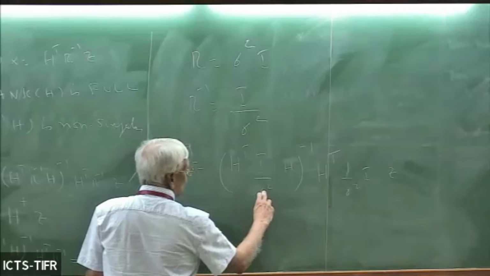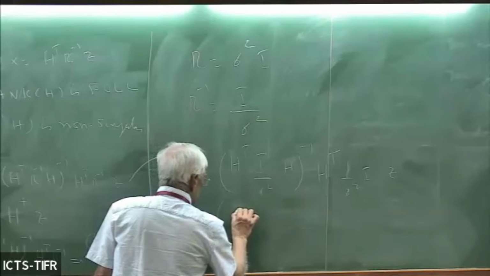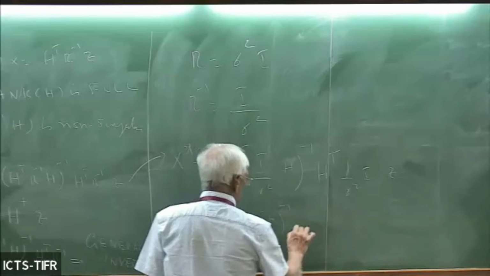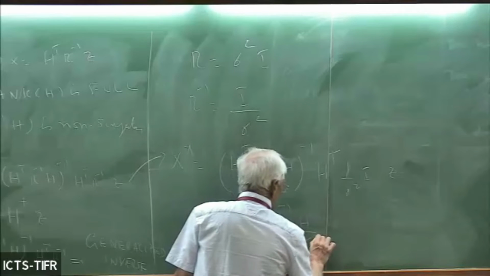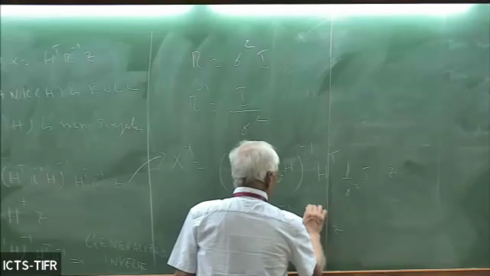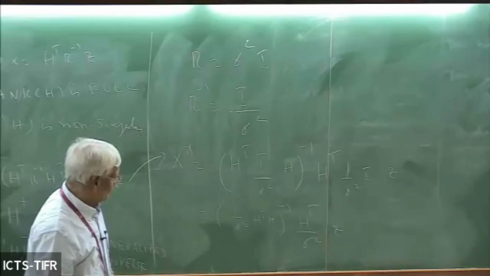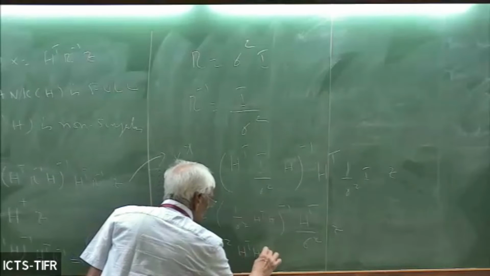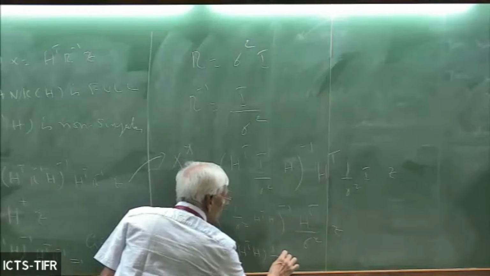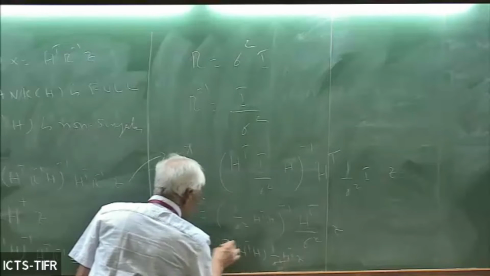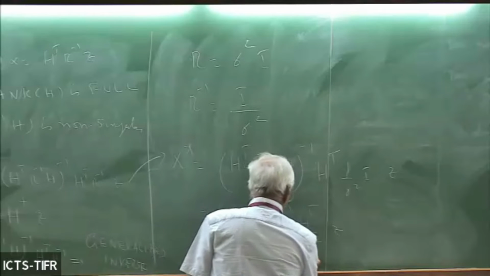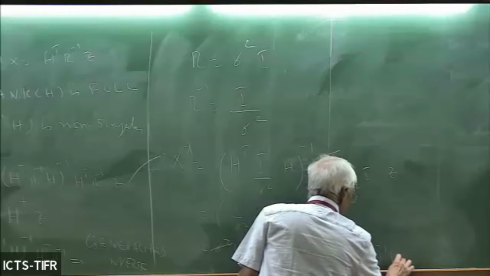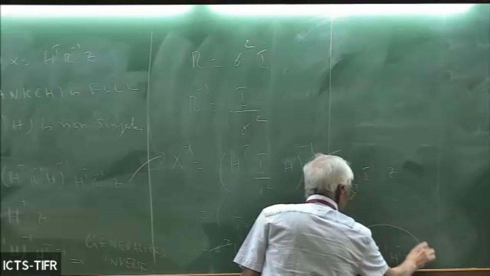That's the inverse. So this is equal to 1 over sigma square H transpose H inverse, H times sigma square, H transpose times sigma square Z. But this inverse, when I'm applying to this, is sigma square H transpose H, 1 over sigma square H transpose Z. These two get cancelled. These two get cancelled. So I get the old formula back, H transpose H inverse H transpose Z. That's my old formula.